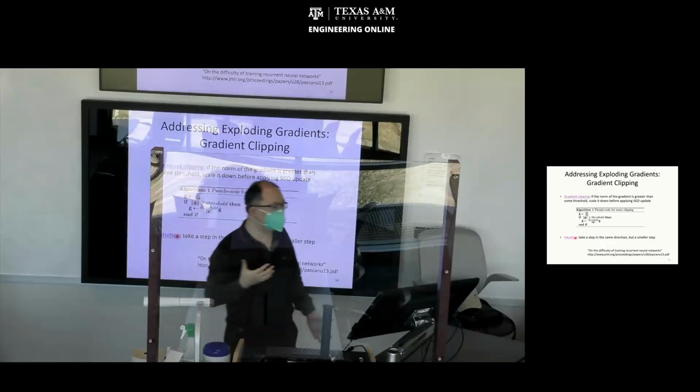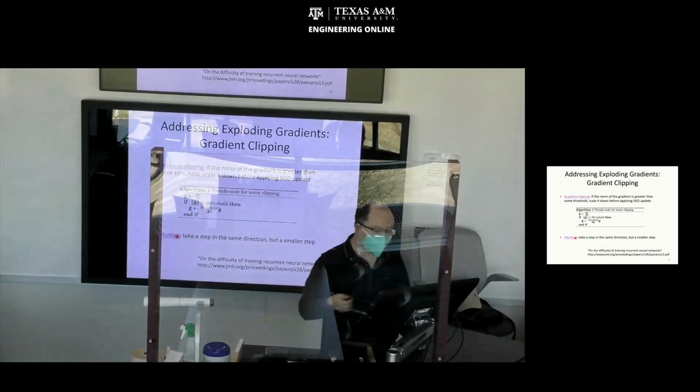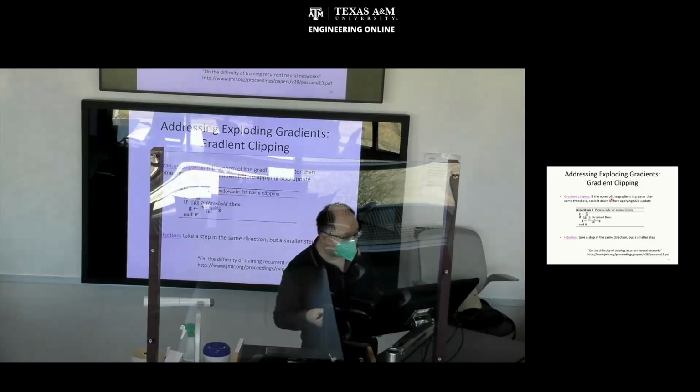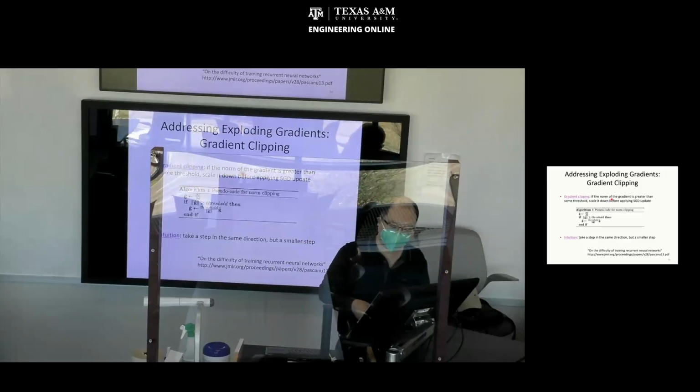So if the norm of the gradient is too large, because our model training is based on the gradient, numerically it's unstable. If it's too large, then you scale it down, then apply the SGD update.